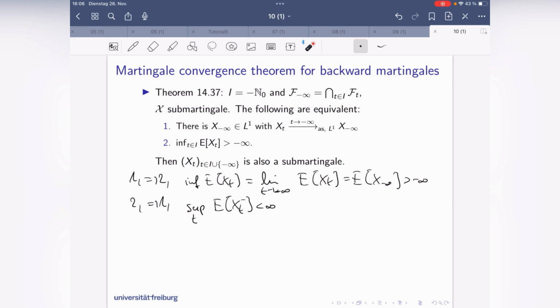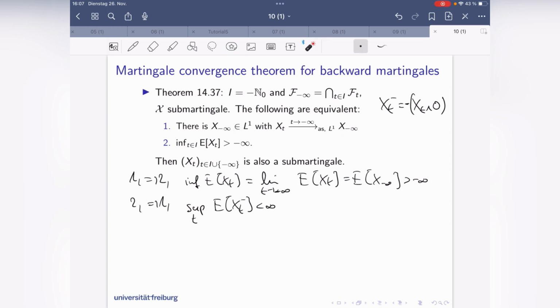By decomposing the xt here into xt plus and xt minus. And recall that xt minus is the negative part of xt, defined as the negative of the minimum of xt and 0.